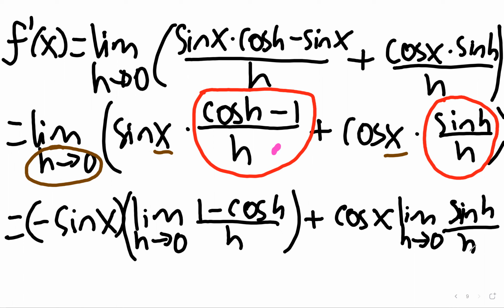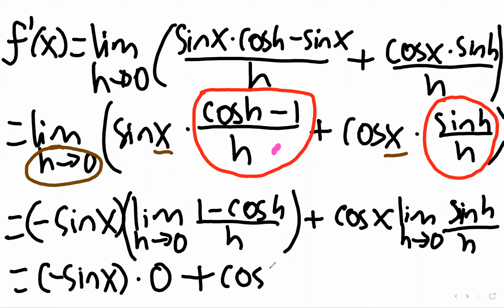The first limit is 0 and the second limit is 1. So in the end I will have minus sine of x multiplied by 0 plus cosine of x multiplied by 1. After calculating this, of course, I will have cosine of x.